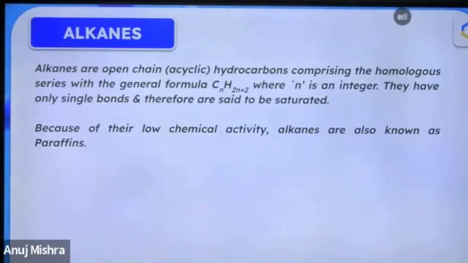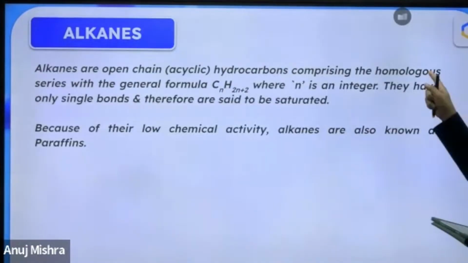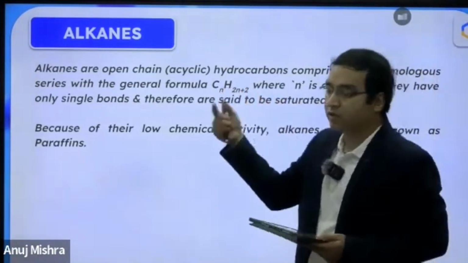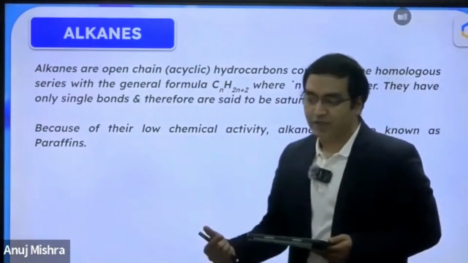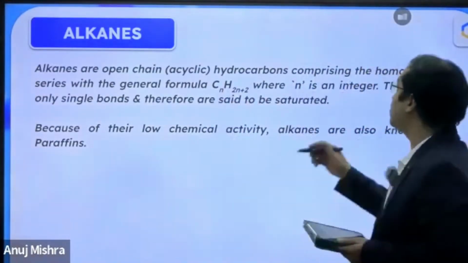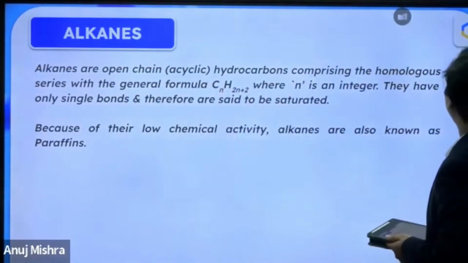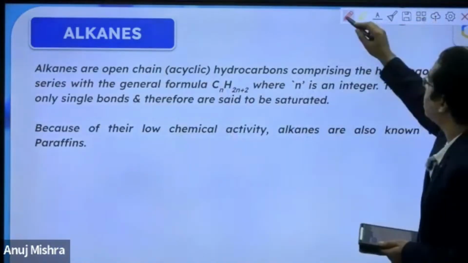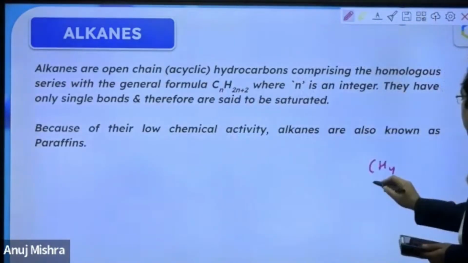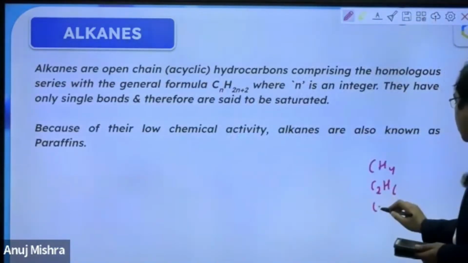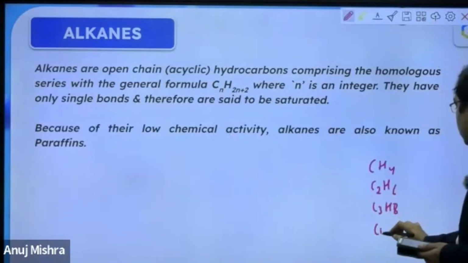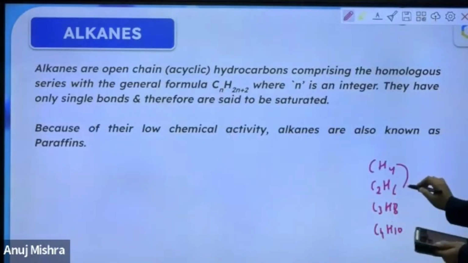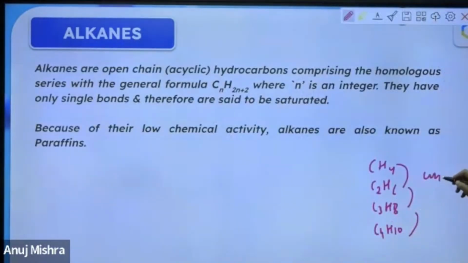Okay. So alkanes are open chain structures comprising a homologous series. In a homologous series, the difference is CH2. CH4, C2H6, C3H8, C4H10. What is the gap? CH2. Whenever you write them, you'll find a gap of CH2 every time.